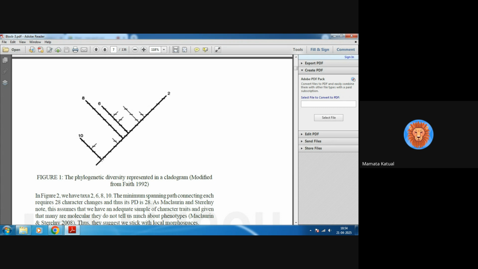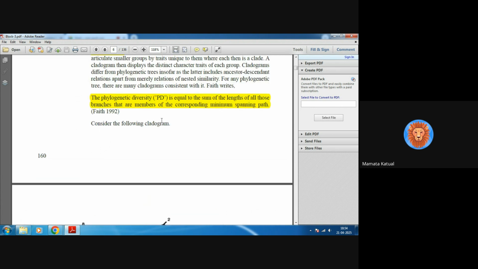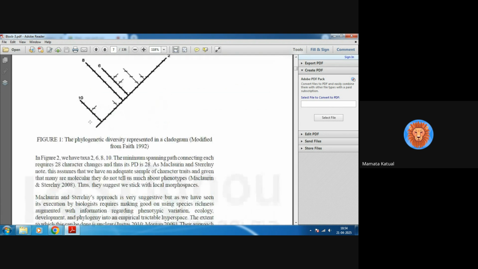So when we study the relationship between the descendants, the number 10, which is written in the graph, is a descendant, and the branch point is the ancestor.